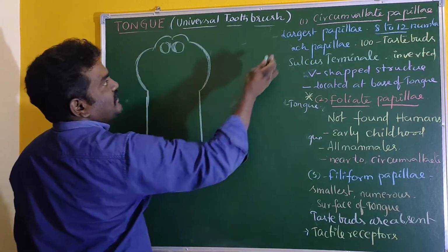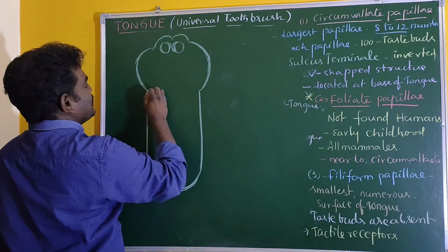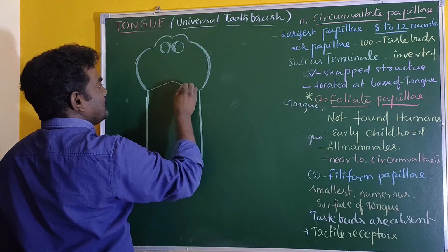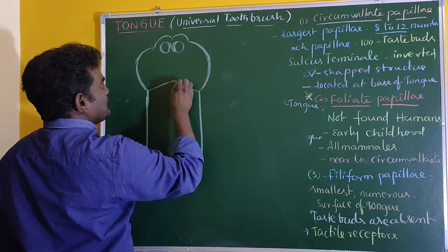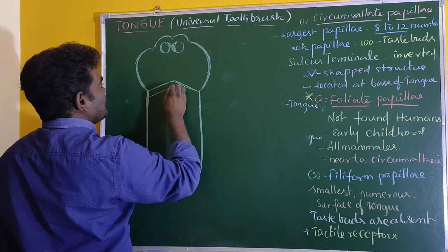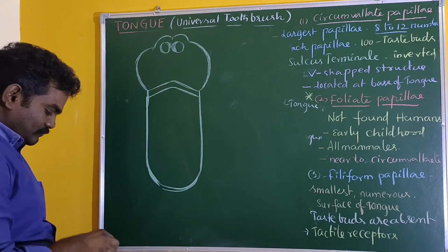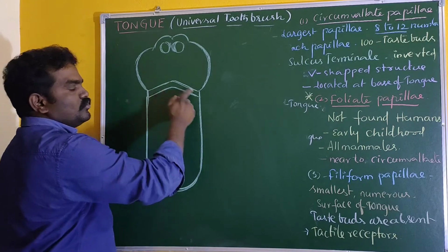The first type of papillae is circumvallate. Circumvallate papillae are located at a groove.